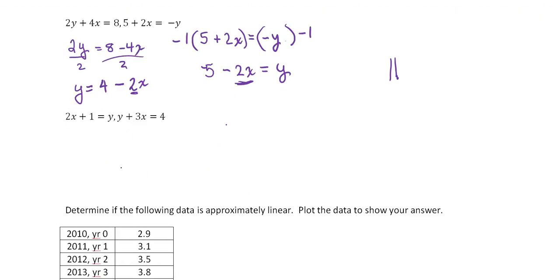All right, so let's take a look here. We've got 2x plus 1 equals y, and y plus 3x equals 4. So this one I'm just going to reverse the way it's written. I'm going to say y equals 2x plus 1. And then this one I'm going to say y equals negative 3x plus 4.